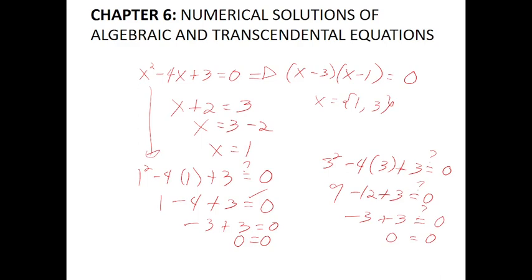So we now call 1 and 3 the roots of the equation. So in this case, this is an algebraic equation, x squared minus 4x plus 3 equals 0.